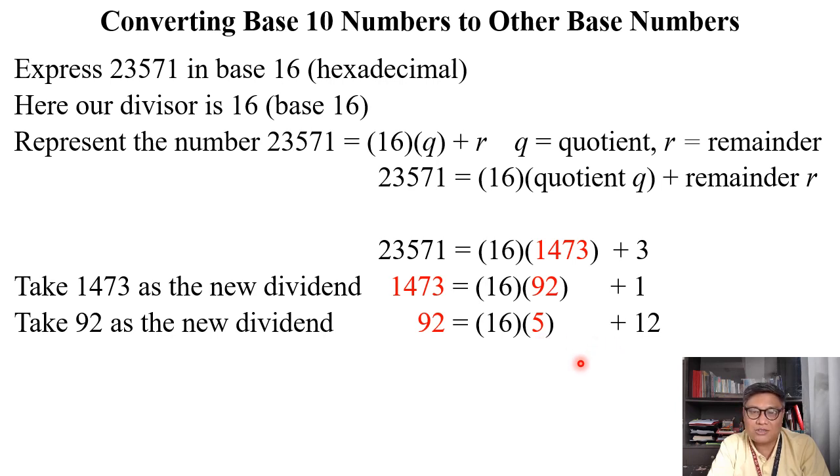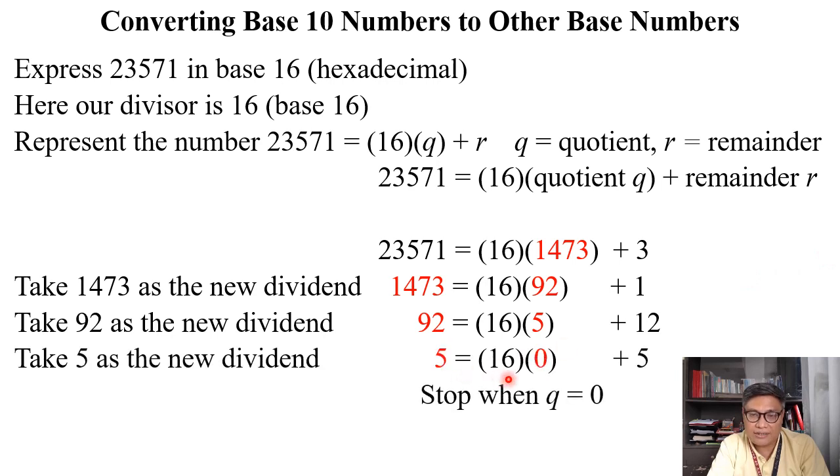Remember, class, when you divide any number by 16, the remainder is from 0 to 15, so 12 is possible. Again, 5 is not yet 0, so continue dividing 5 by 16. The quotient is 0, but the remainder is 5. Since we already have a 0 quotient, stop the process.